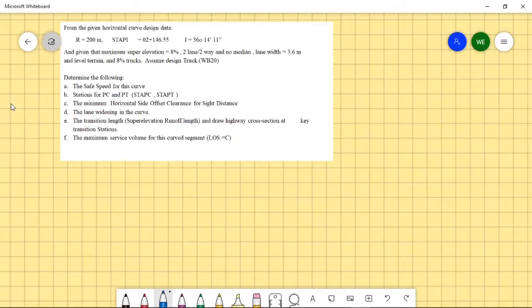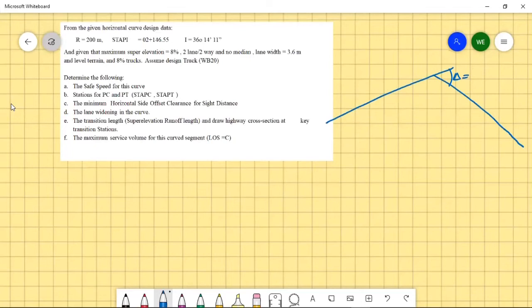Okay, so let's start with this one. Let's first draw the problem. So we have a tangent here and a tangent here, and we have here delta equal. Let's convert these into 11 divided by 60 plus 14 divided by 60.